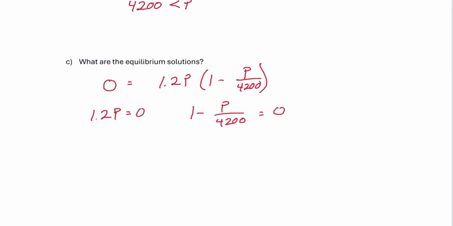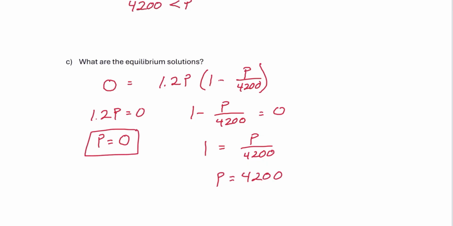On the left equation, we simply get that the population is at 0. And then on the right, again, we add the fraction to both sides, cross multiply, and we get p is 4200. So population of 0 and at 4200, we have equilibrium solutions.